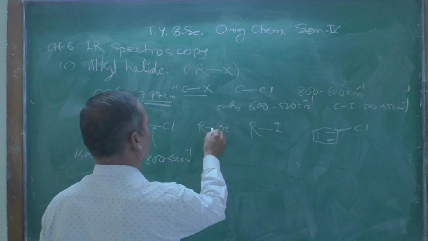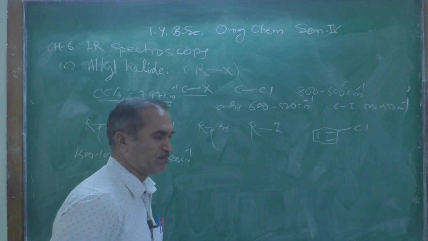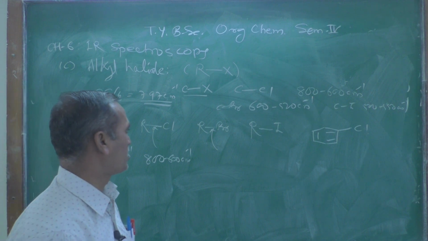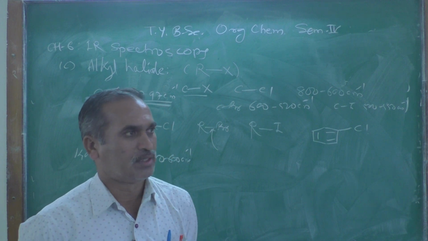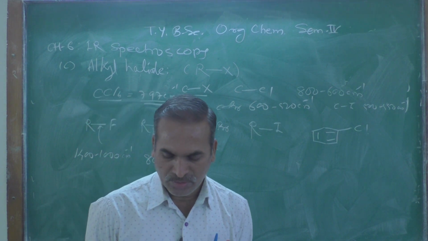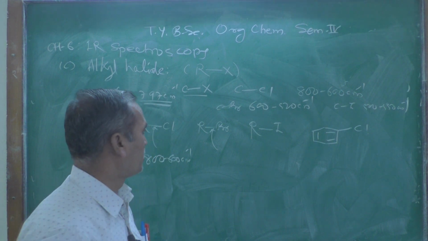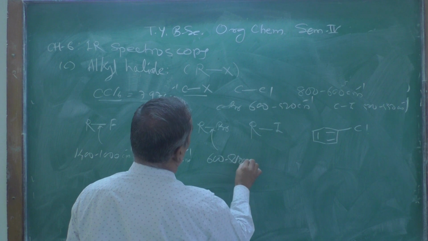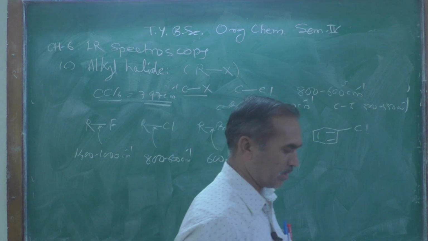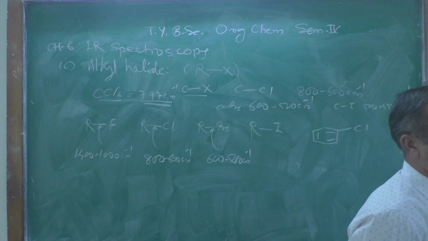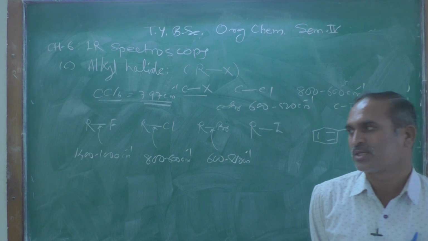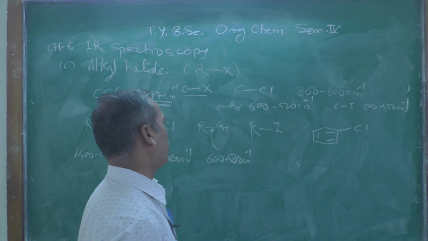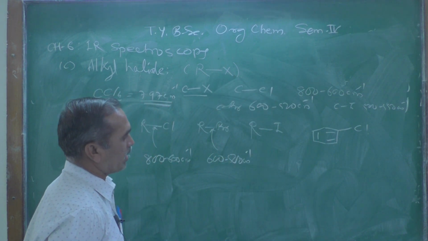And suppose there is a bromine atom present in the organic compound, the peak will be observed around 600 to 500 per centimeter. 600 to 500 per centimeter indicates the presence of a bromine atom in the organic compound.